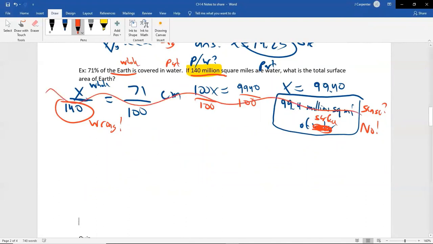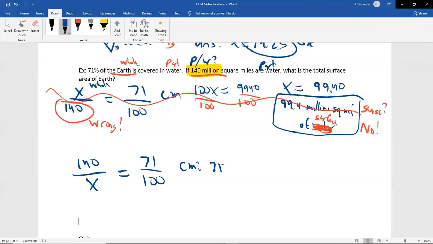So we say that's wrong, and now we're going to set it up based on what we actually said. The 140 goes in the top because it was the part, the x goes in the bottom. And that's why when I was right here, I was like, something doesn't look right. So now when we cross multiply, we get 71x equals 140 times 100, which is just 2 more zeros tacked on the 140.